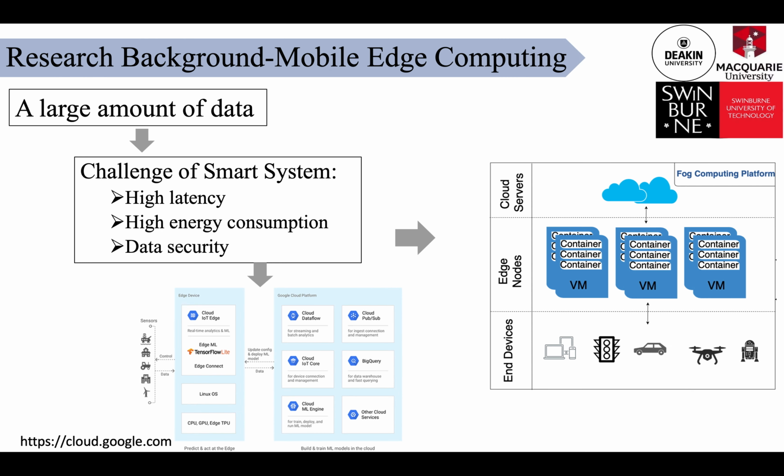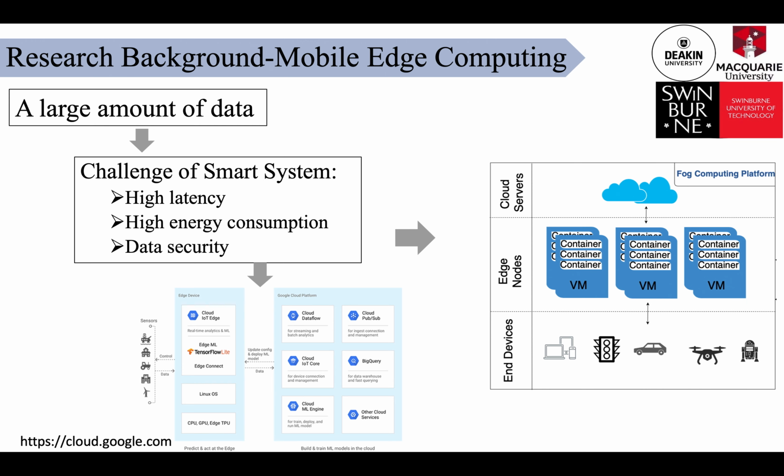Currently, smart systems are often developed and deployed in the mainstream cloud computing environment. Centralized cloud servers need to process a large amount of data sent through the internet by IoT devices, which brings critical issues such as high latency, high energy consumption, and data security.